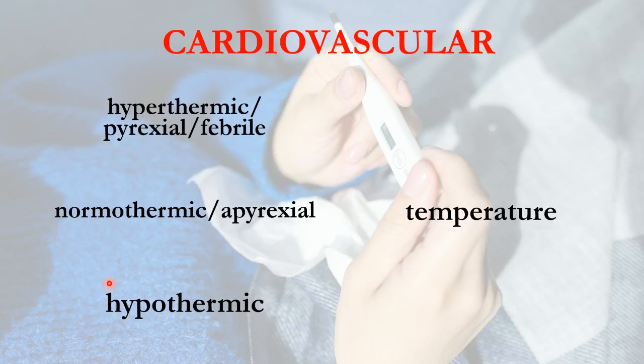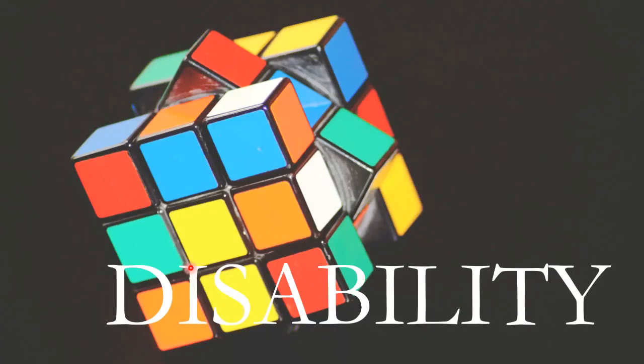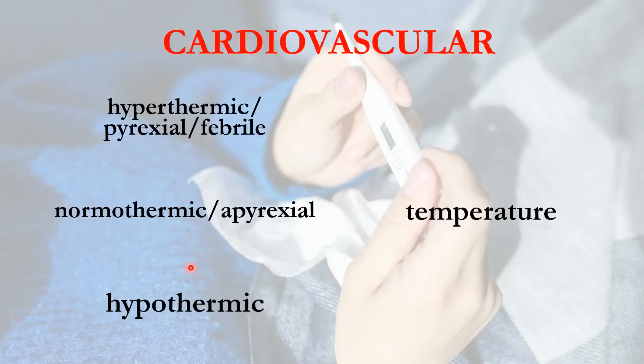But in severely sick, critically ill patients, we make use of warming blankets, for example. And then normothermia, normal temperature, so nothing to do with that. Your patient is completely fine. Okay, so that's your cardiovascular assessment.